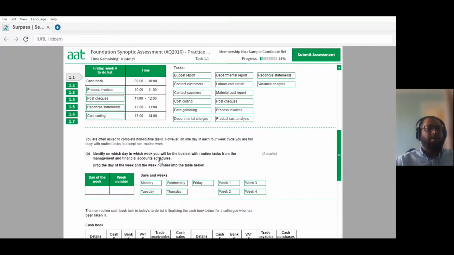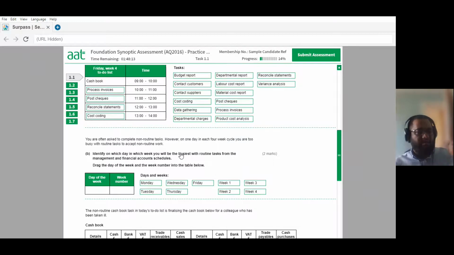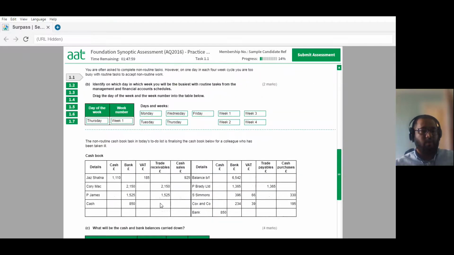So the busiest day we've seen on the task we did was the Thursday of week 1. That's the only time we have 5 hours, because we started with 3 hours of financial accounting and 2 hours of management accounting. So I'm going to say Thursday, and week 1 will be the answer.